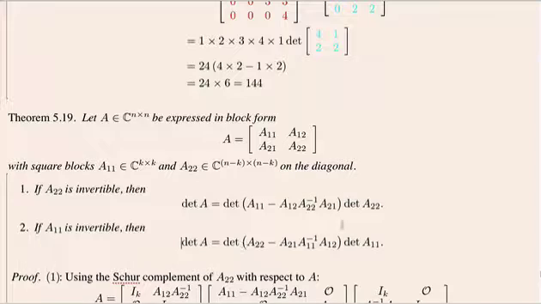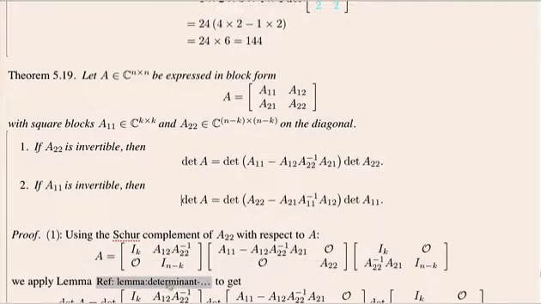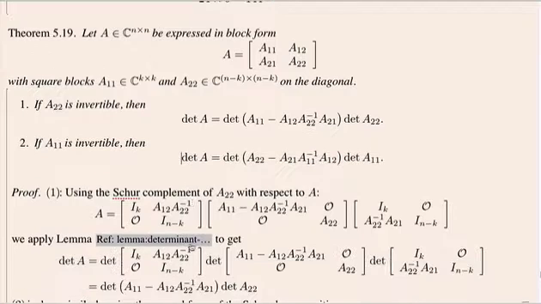Now from these multiplications, you might guess already that this is coming from the Schur complement of A22 and A11. We have two different Schur decompositions. The one is the Schur complement of A22 with respect to A. So A can be decomposed into two matrices, block upper triangular and block lower triangular.